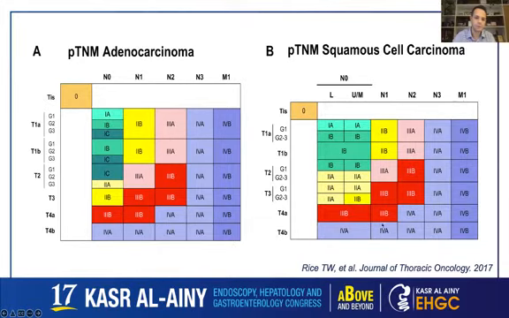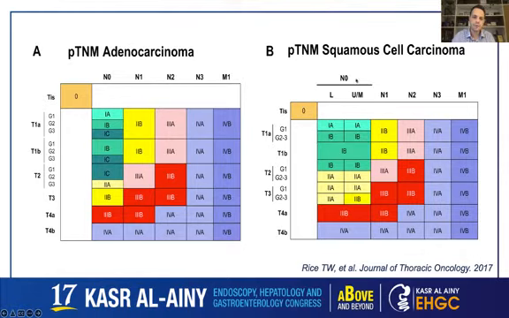T4 also goes to stage 4. 4B is metastasis. And there is a complex division, especially here in the early grading. I encourage you all to take a look at it.